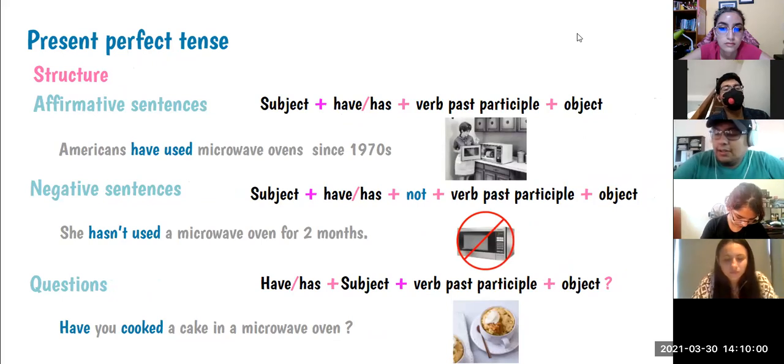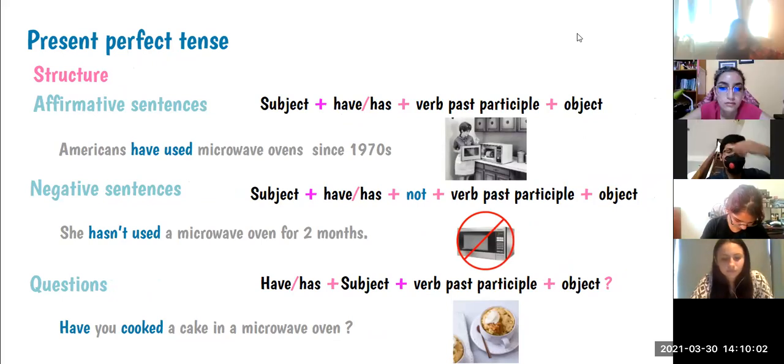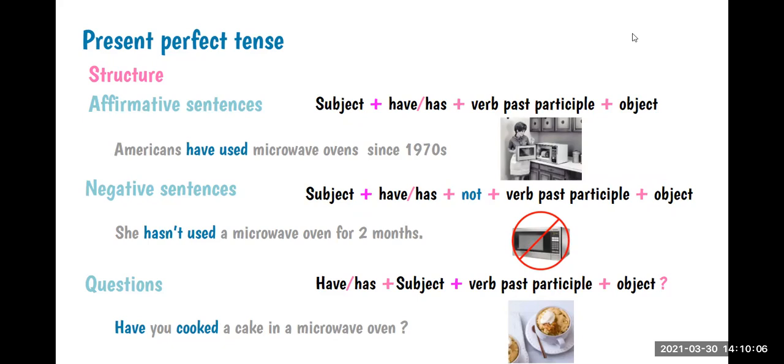When the activity still happens. What does it mean? For example, it hasn't ended yet. It is not finished yet. Okay, so when an activity or something is started in the past, but continues until the present. Yes. When something started in the past and is still happening in the present.